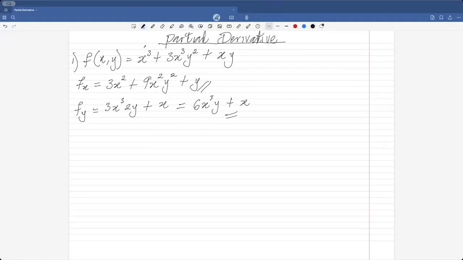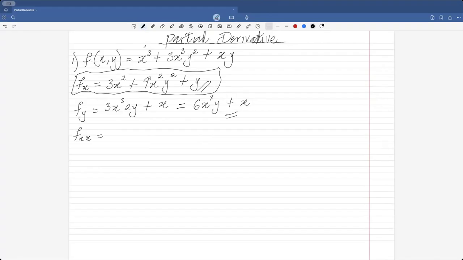We can also be told to find f sub xx. It means our first order differentiation, which is this, we need to differentiate it again with respect to x.